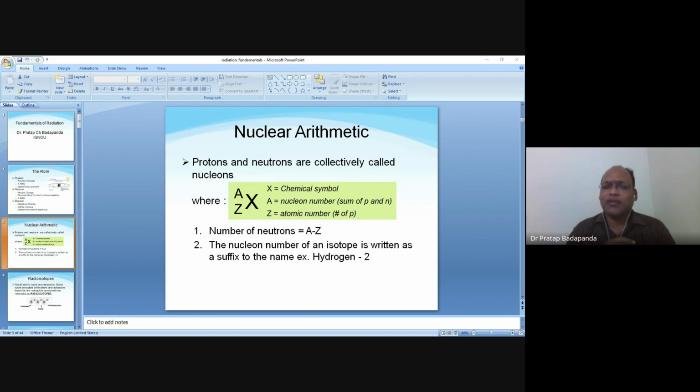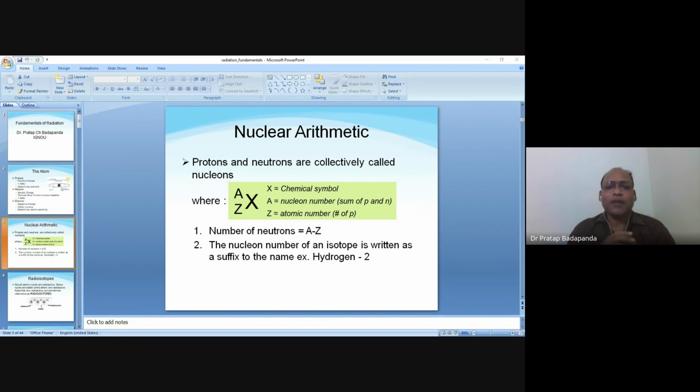If you write helium, the symbol is He, in the upper part there will be the atomic mass, and the lower part is the atomic number. For helium, in the upper part you write 4, that is the atomic mass, and in the lower part you write 2, the atomic number. That is the representation of this nuclear arithmetic.